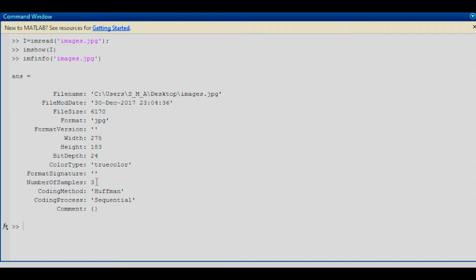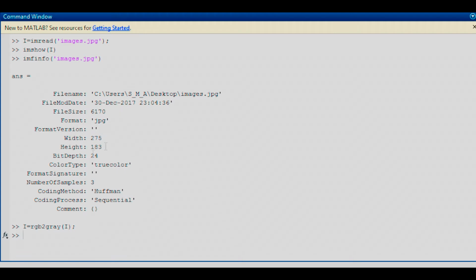So we'll need to be converting that into grayscale, and in order to convert that into grayscale, we'll type in the function rgb2gray and the image. There it is. The image has now been converted into grayscale.